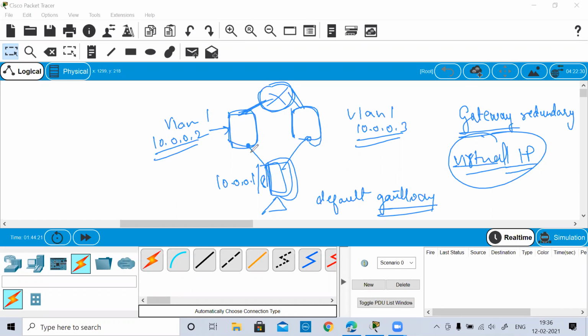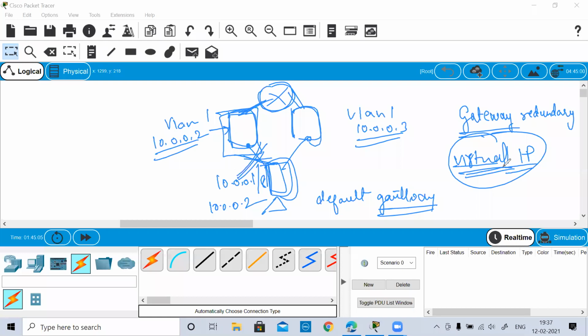So if I just go and break this particular link, let's say you have given the default gateway as the IP configured on this VLAN, because I have said that this is acting like a switch as well as a router. If you have given the default gateway as 10.0.0.2, and this particular interface has been shut, and there was no virtual IP in your network, then you cannot communicate with any other subnets, because that interface has gone down and you are not able to reach other subnets.